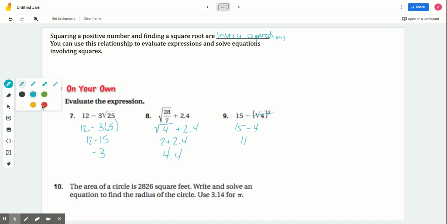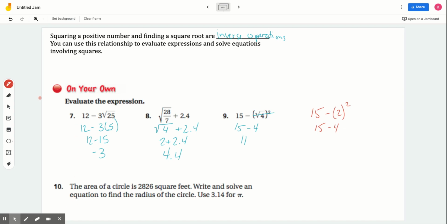Now, if we need a little clarification on this, we could say that this is like 15 minus the square root of 4 squared. Well, the square root of 4 is 2, and we know that 2 squared is 4. So we can see that that explains or shows us how we can cancel the radical sign with the square.